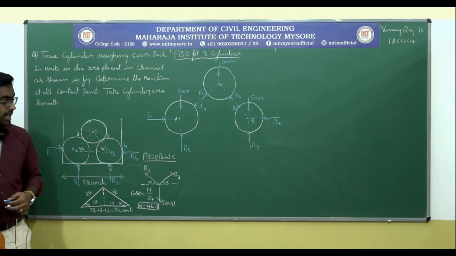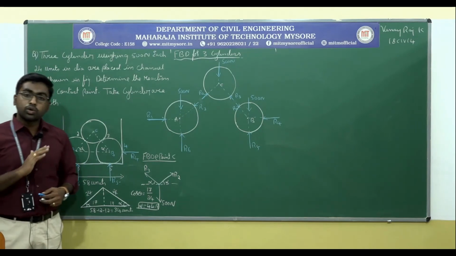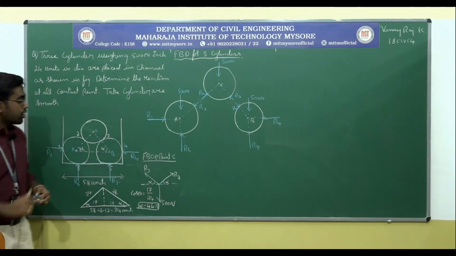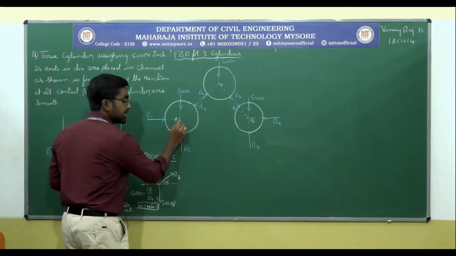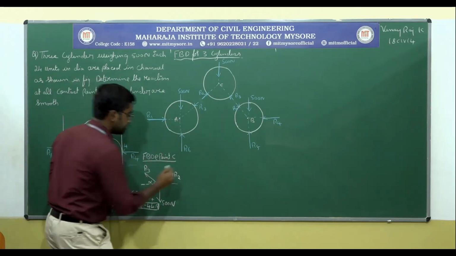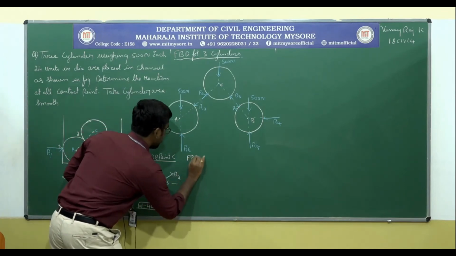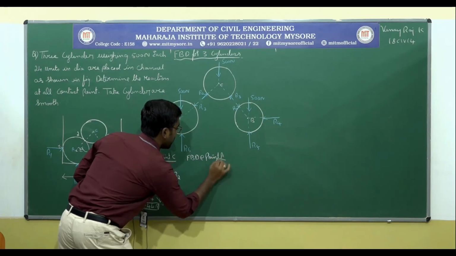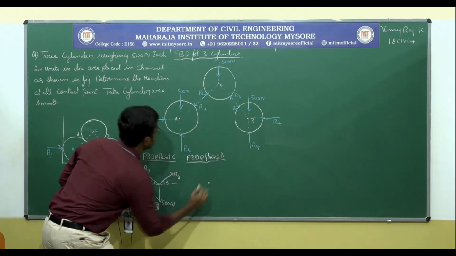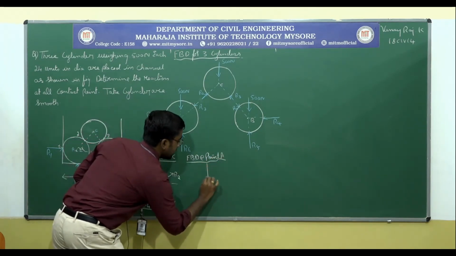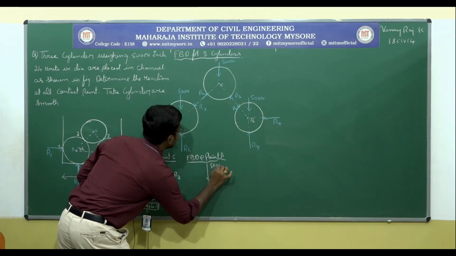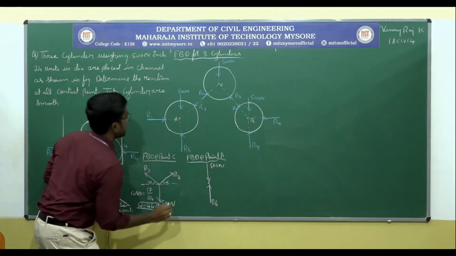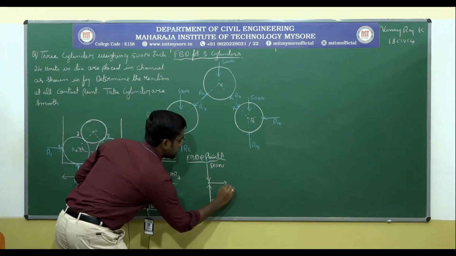If you make some mistake in writing the free body diagram, then totally the problem will be wrong, right? So let me draw the free body diagram for this one, that is for the cylinder A. Free body diagram at point A. So this is point A and this is 500 Newton and this is R6 and this is R1.